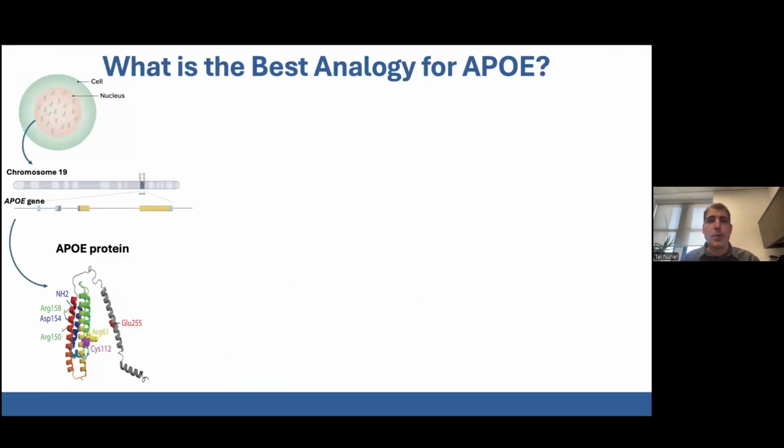Okay, but what I really want to get to is APOE. So you all know, every cell in your body, inside your nucleus, you've got 22 chromosomes plus X and Y or X or Y, that contain our DNA, the code for our entire body.